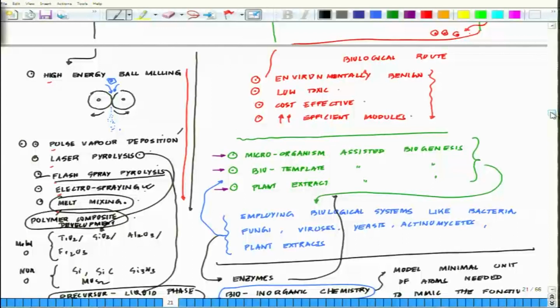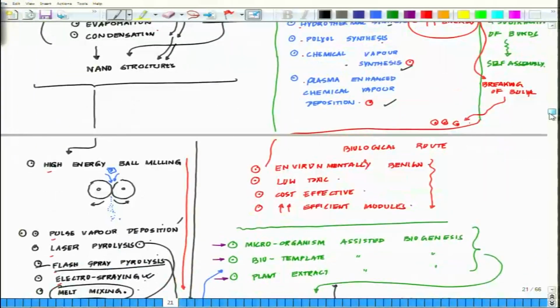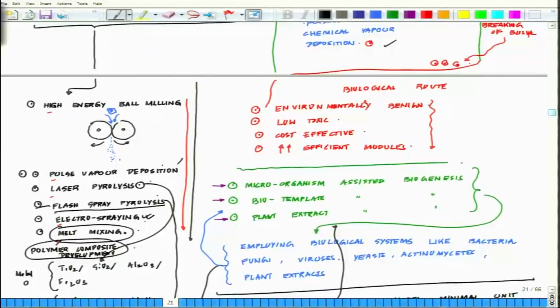Whereas in the chemical section, we talked about sol gel synthesis, microemulsion technique, hydrothermal synthesis, polyol synthesis using polyethylene glycol, chemical vapor synthesis, plasma enhanced chemical vapor deposition. And now in the biological segment, we talked about microorganism assisted biogenesis, biotemplate assisted biogenesis, and plant extract assisted biogenesis.